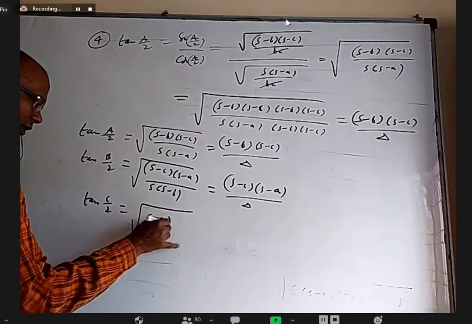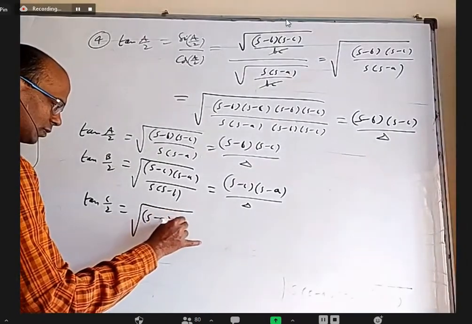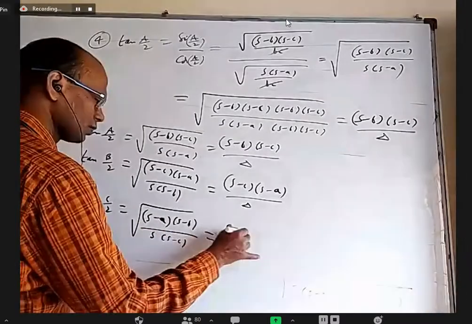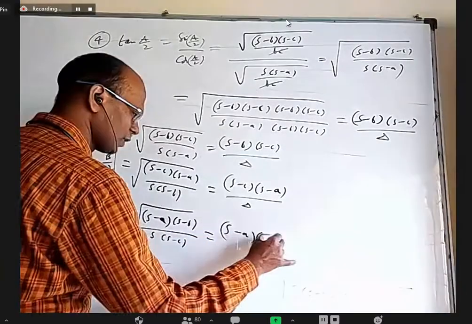Similarly tan C by 2 is (s minus a)(s minus b) by s(s minus c), also (s minus a)(s minus b) by delta.